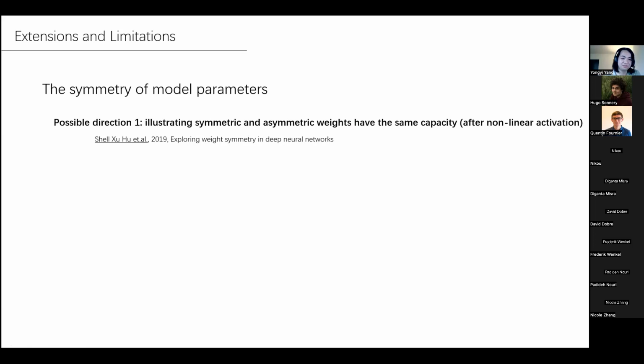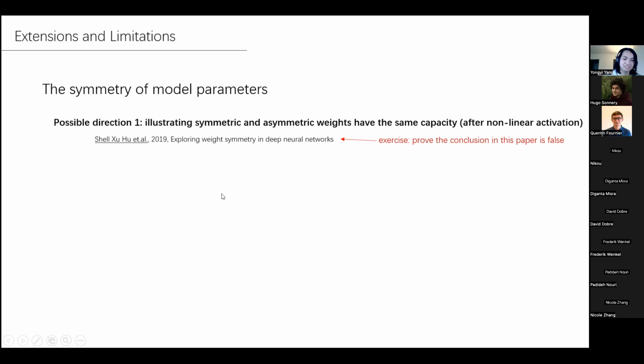However, after carefully checking this paper, I found that the conclusion of this paper is actually false. So if you are interested in this, you can check the paper and see why it is false and why it actually cannot be applied to most of the cases.